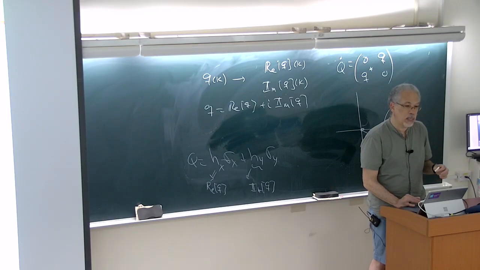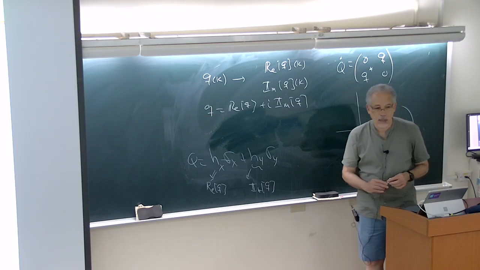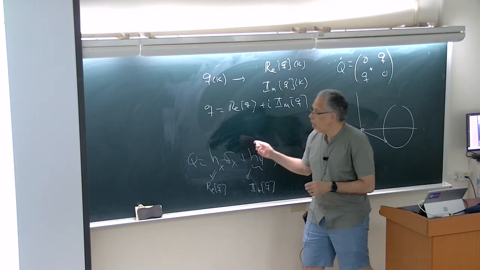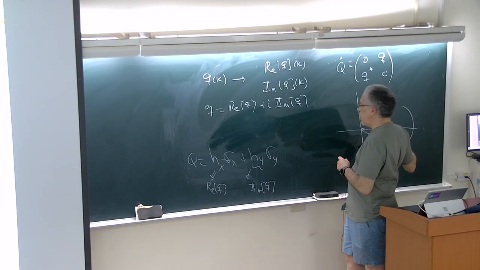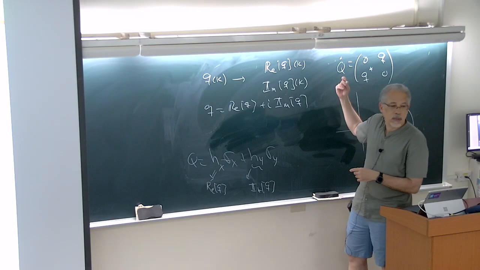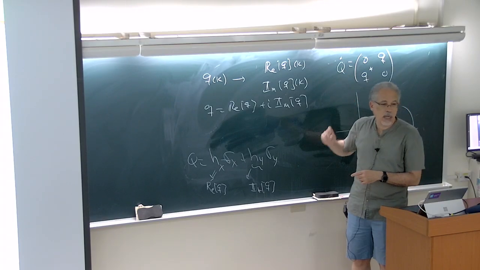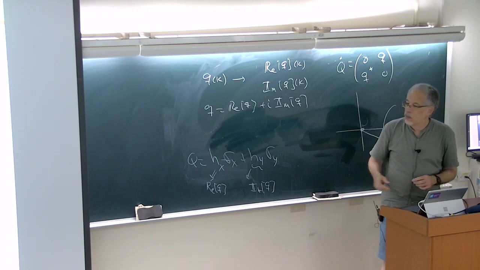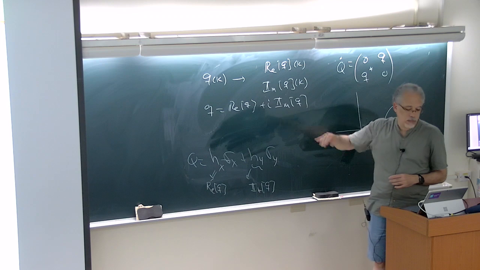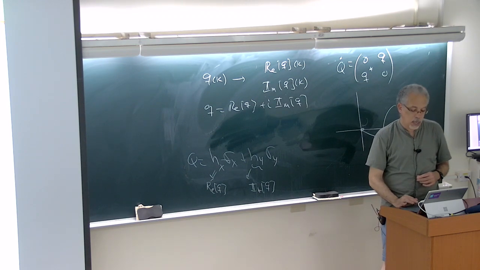You have sigma z and sigma y in this Hamiltonian. Okay? So you either rotate, or you take your real axis, let's say, like the z direction, and the imaginary like the y direction. Okay? And you can do the same for this, but now using this Hamiltonian.